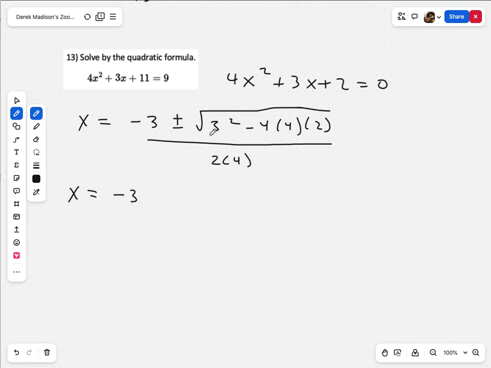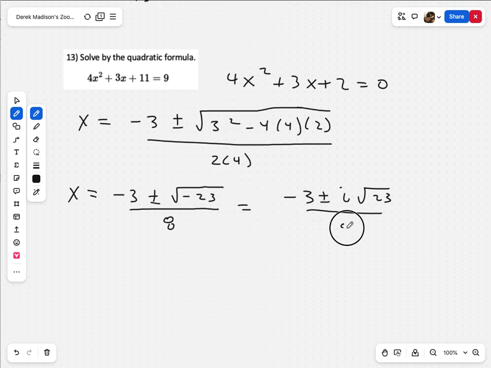So negative 3, 9 minus 32, so that would be negative 23 under the radical over 8. And then that negative, like we saw in the earlier section with complex numbers, we would write that as i root 23 over 8.